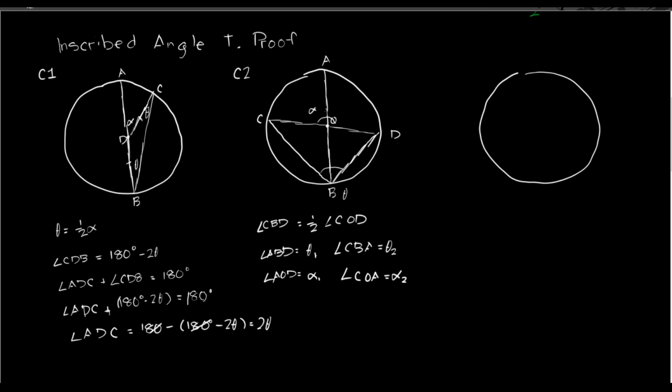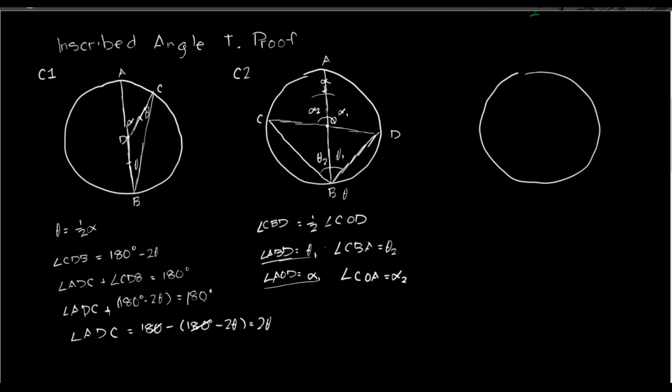Notice that if we can prove that angle ABD is equal to 1/2 of angle AOD, or if we can prove that theta 1 is equal to 1/2 of alpha 1, and if we can prove that theta 2 is equal to 1/2 of alpha 2, let's relabel alpha up here.